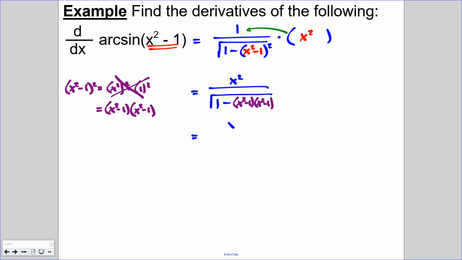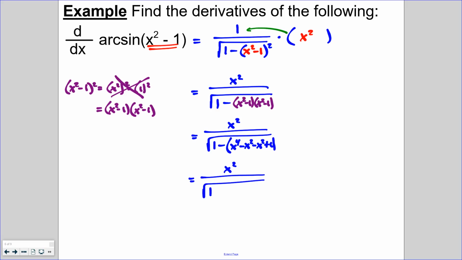So we're going to have the numerator over the square root of 1 minus the quantity x to the 4th minus x squared minus x squared plus 1. And we can continue to simplify this down, over the square root of 1 minus x to the 4th minus 2x squared plus 1.